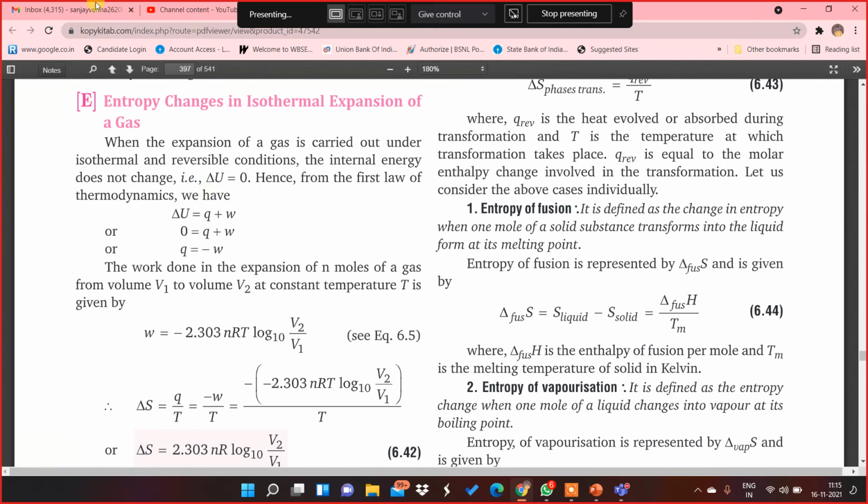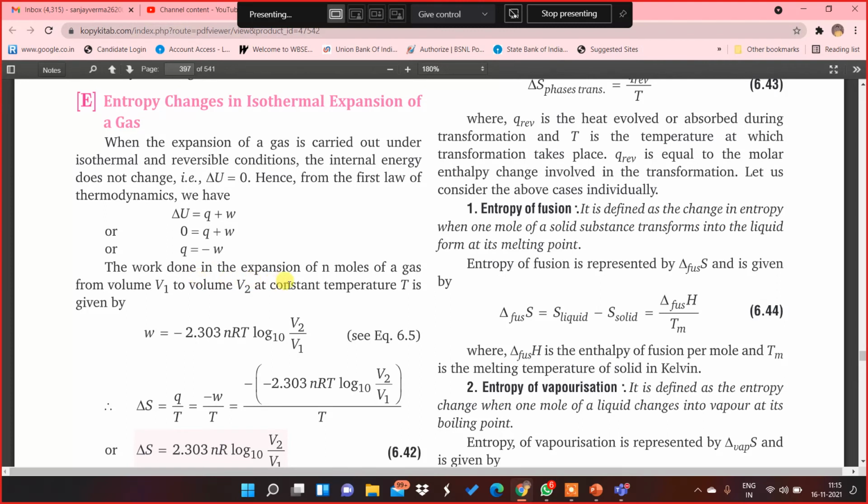When the expansion of a gas is carried out under isothermal and reversible conditions, the internal energy of the system does not change, that is delta U is 0. From the first law of thermodynamics, delta U is equal to Q plus W. This delta U is 0 for an isothermal reversible expansion of a gas. So we have 0 is equal to Q plus W, or Q is equal to negative W.